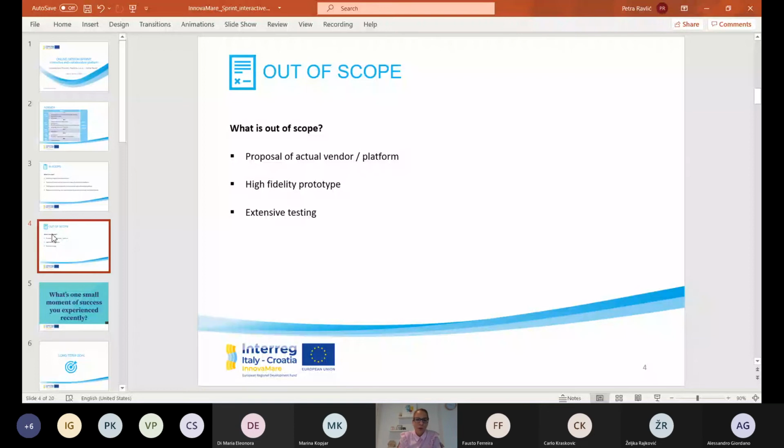And also we will not do the extensive testing, because in normal sprints the last day is basically dedicated to testing and collecting all the inputs from potential users and seeing how we can iterate and what we can modify. But since we had to, as I mentioned, adjust the agenda to the online and shortened time span, you will be able to comment, of course, but we will not do the extensive testing with rounds of interviews and everything that normally takes part.